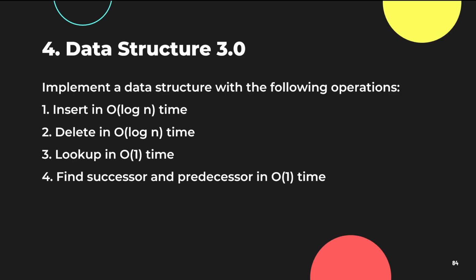No, you only need to update two of them: 15 and 21. Then deletion is symmetrical. You just look up its successor and predecessor, map them to each other, and then delete the node.